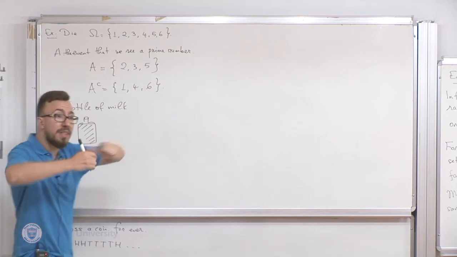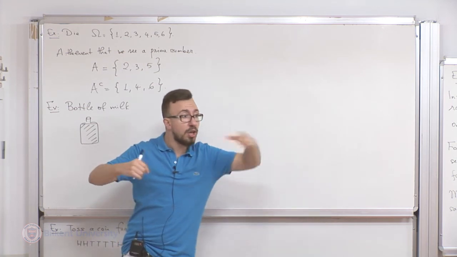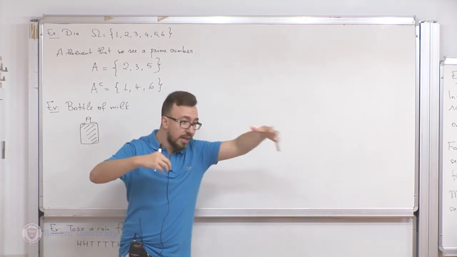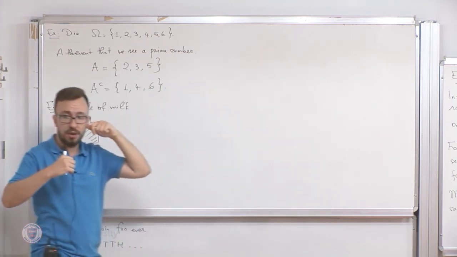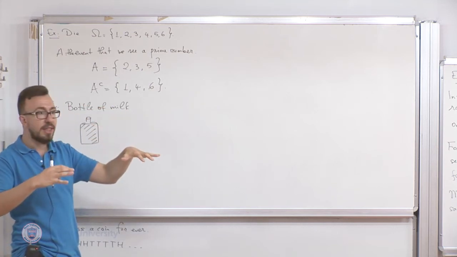So you have to open the fridge and see. So this is performing the experiment. You open the door of the fridge, and you have to see. At that point, you're performing a random experiment.